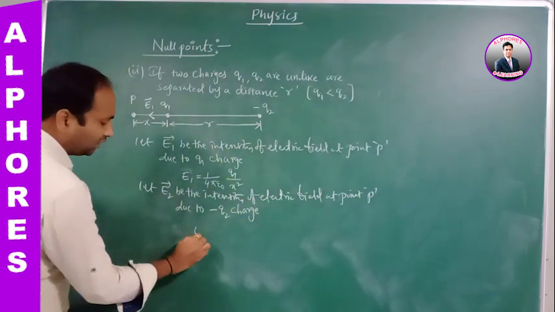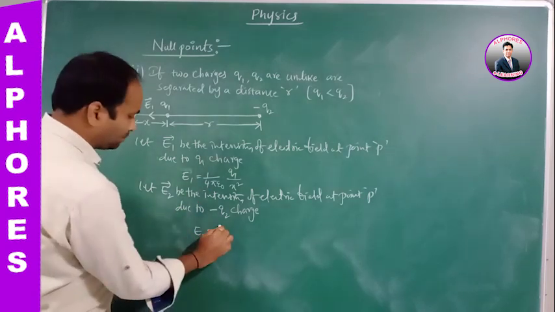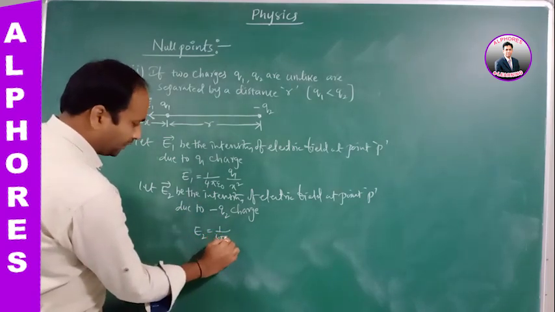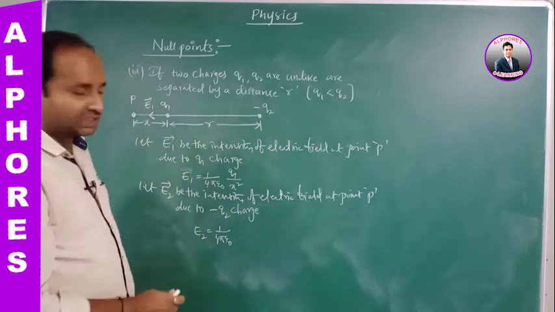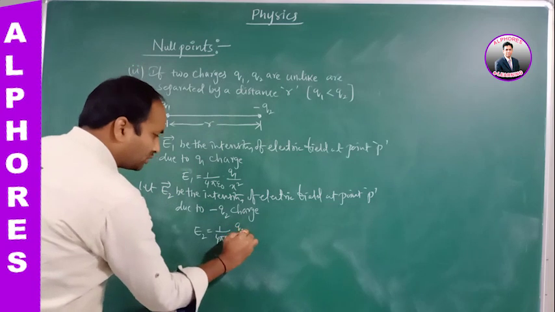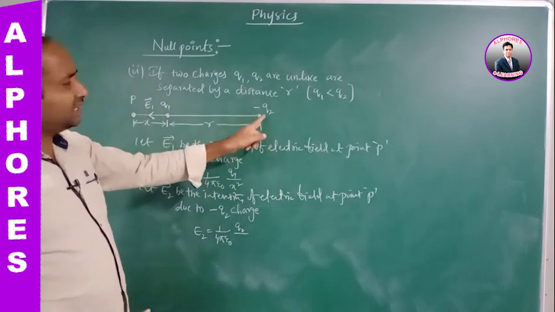So what is the magnitude? First you should write the magnitude. What is 1 by 4 pi epsilon naught, and what is the charge here? q2. No need to consider the negative sign, it indicates the direction only.